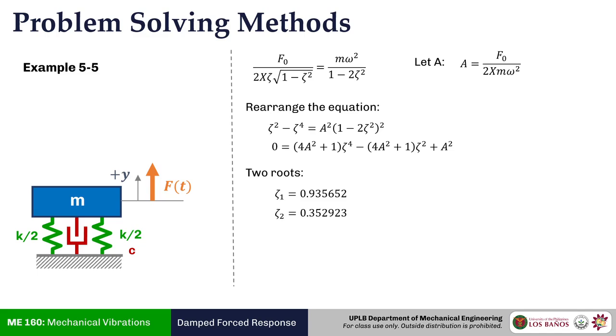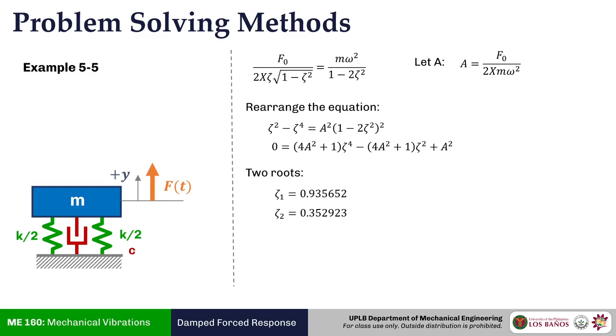So, oh no. Meron tayong two positive damping ratios. Sino yung pipiliin natin? So, it might seem hard, pero we just have to realize that there is a threshold for having peak magnification.